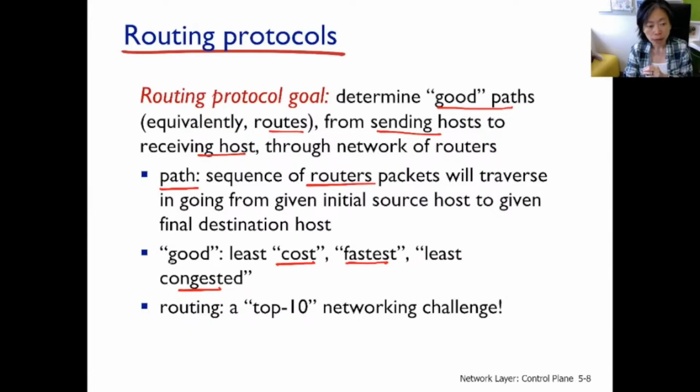So finding a good path is the goal of a good routing protocol or routing algorithm. It's also one of the top 10 problems in computer networking, just like reliable data transfer and congestion control.